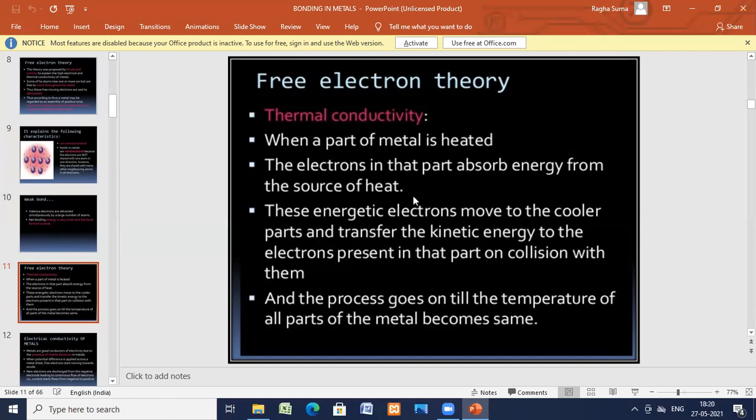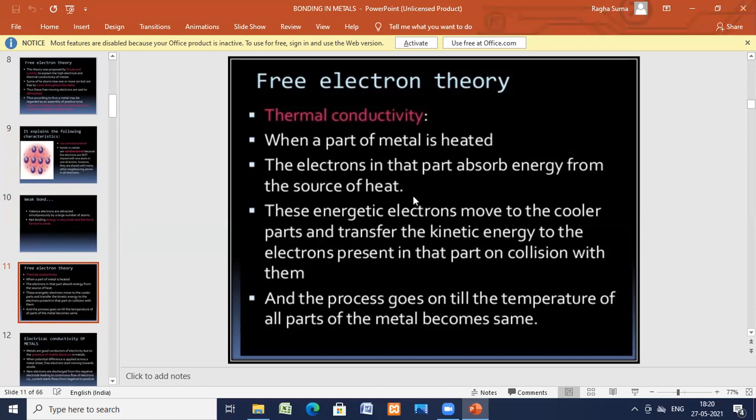The theory must account for the characteristics of the metal: high luster, opacity, thermal conductivity, electrical conductivity, applicability of Ohm's law, applicability of the Wiedemann-Franz law, that the ratio of thermal conductivity to electrical conductivity is constant, K by sigma equals C T, and the variation of resistivity in the presence of an external magnetic field.